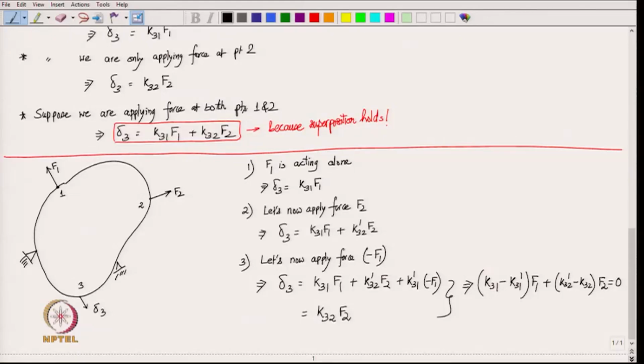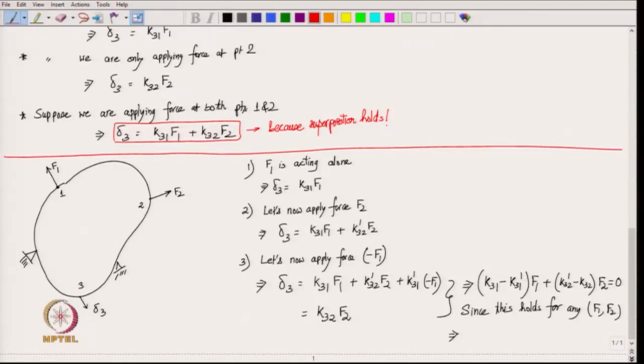But since this has to hold for arbitrary F1 and F2, the magnitude of F1 and F2 can be anything, right. So, since this holds for any F1, F2, this implies that the coefficients must vanish, right.